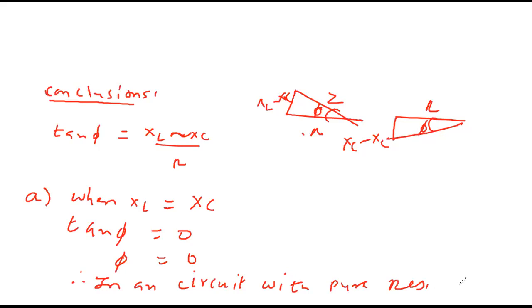When XL, XC become equal, current and EMF are in phase, or we can say phase difference is 0. So sometimes they can ask you for 2 marks: from impedance triangle, obtain the condition for phase angle in circuit with pure inductor, pure capacitor and pure resistance. So when both are equal, we will get the circuit is resistive, current and voltage are in phase.